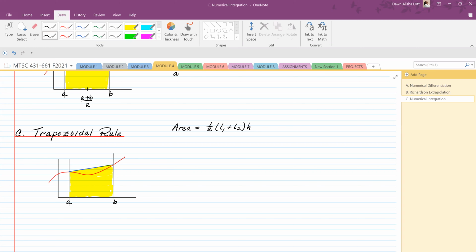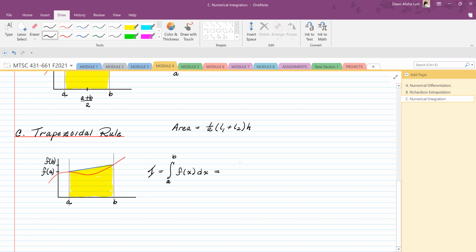So therefore, my integral, the integral from a to b of f of x dx, well, this height is f of a, and this height is f of b.